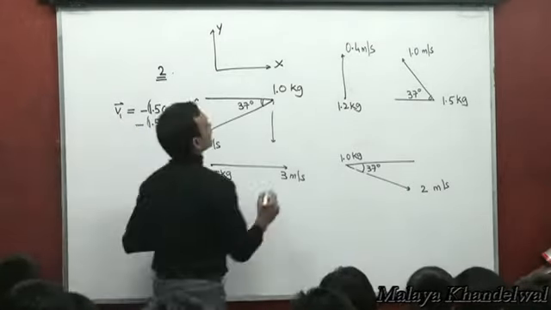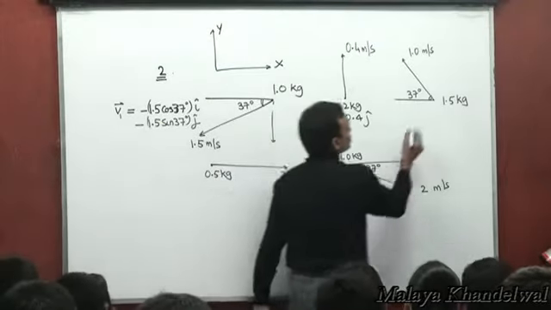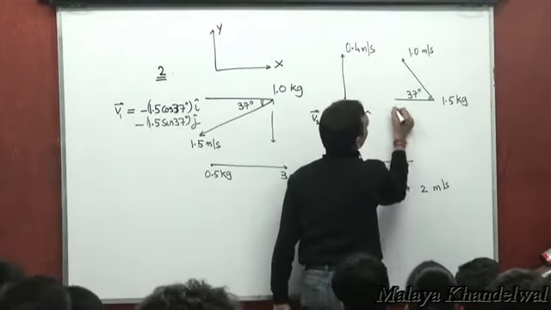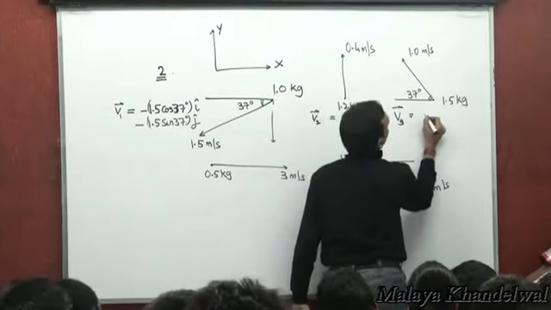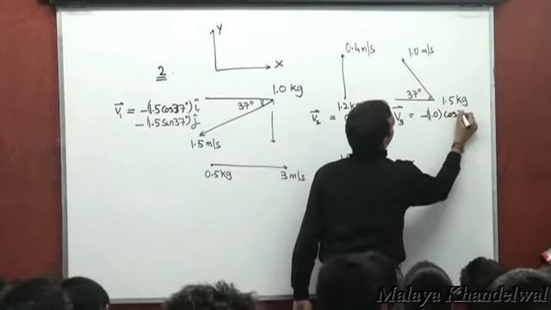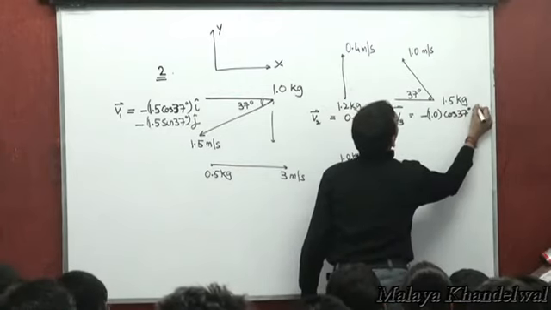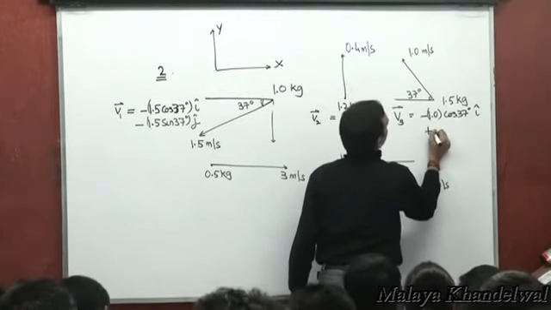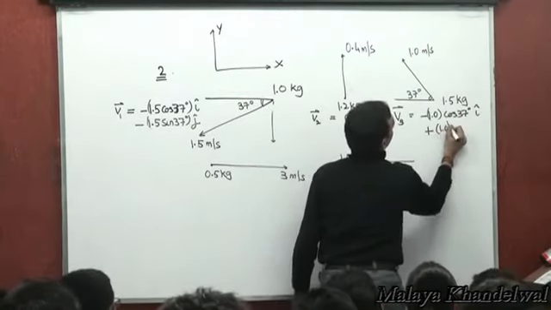The velocity vector for this mass v2 is 0.4 j cap. 0.4 j cap is the velocity vector for this mass. The velocity vector for this mass v3 is minus 1.0 cos 37 degrees i cap plus 1.0 sin 37 degrees j cap.